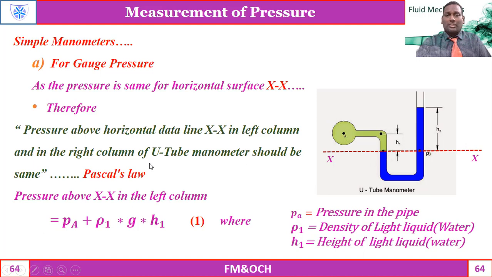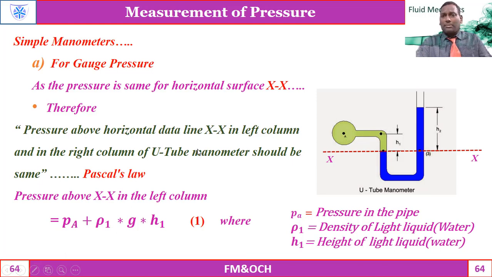Okay. Because we are taking advantage of Pascal's law, the pressure above the horizontal datum line in the left column of the U-tube manometer and in the right column should be the same as per Pascal's law.